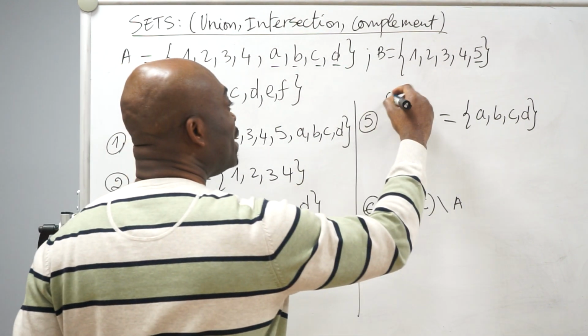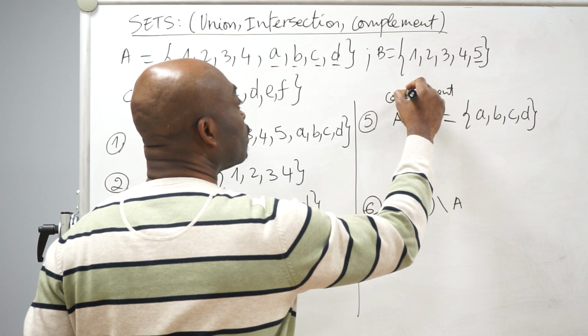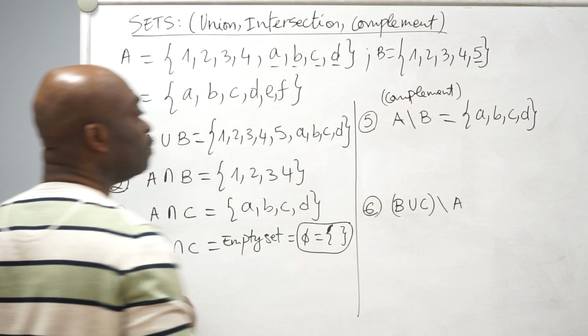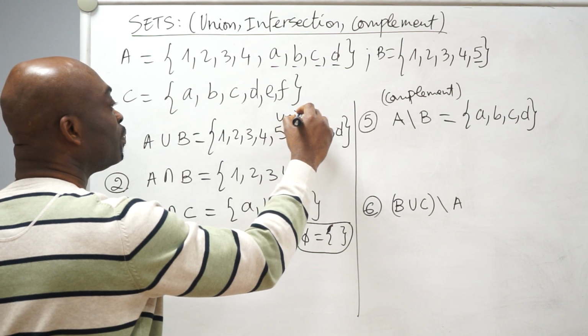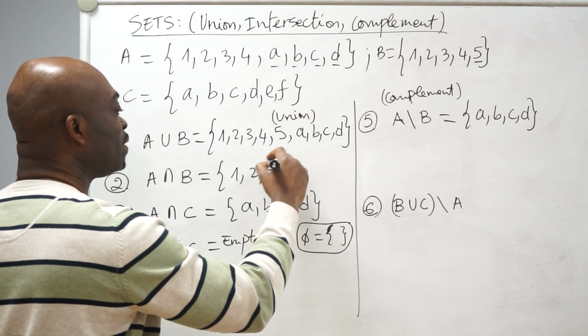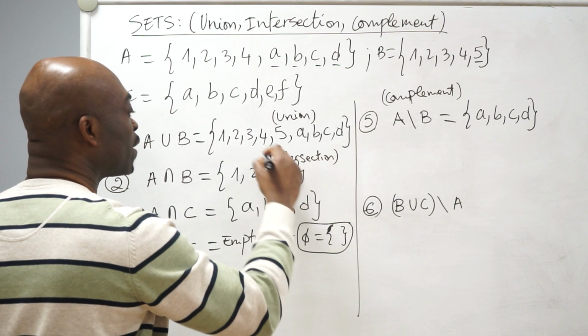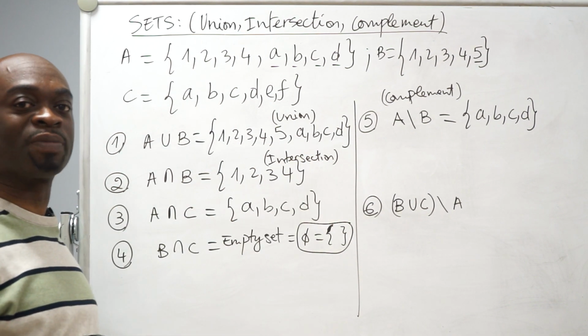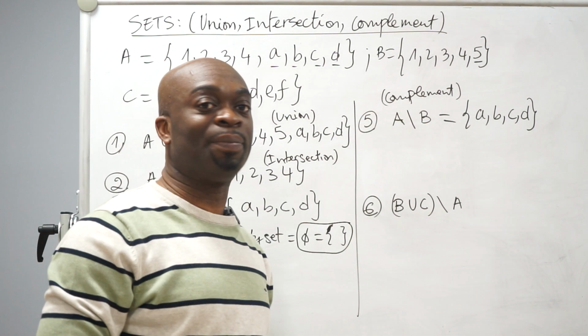So this one is complement. All right, this one is the union. Put them in perspective. This one is intersection. Okay, we said it multiple times, but sometimes it's good to write them down. Okay, so this one is the complement.